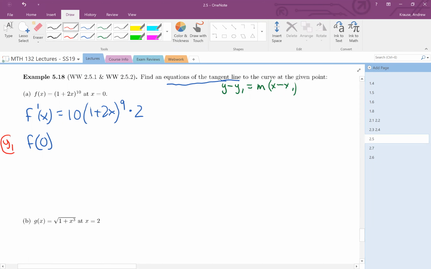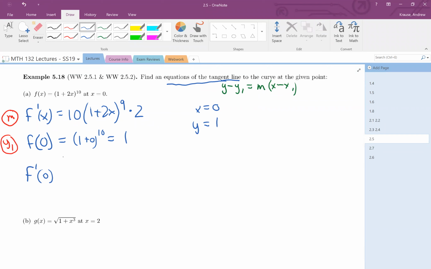When I'm looking for f of 0, I'm going to get 1 plus 0 to the 10th power. So that's just a 1 in there. So that's my y1 value. So I have that x is 0, y is 1. And now I also need to calculate f prime of 0 using this equation that's going to give me my m.